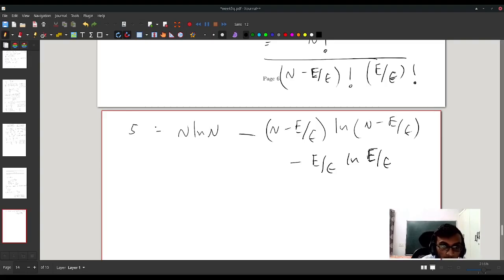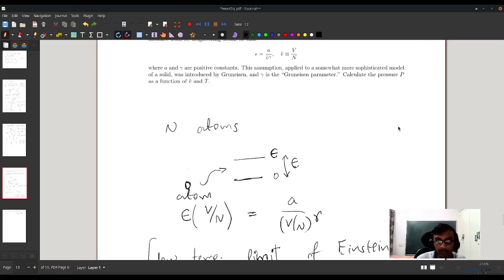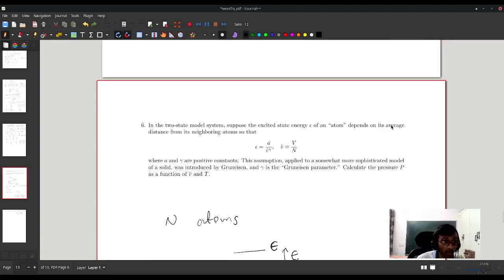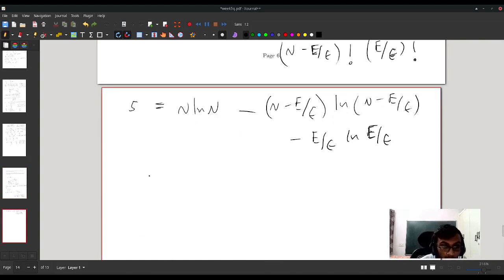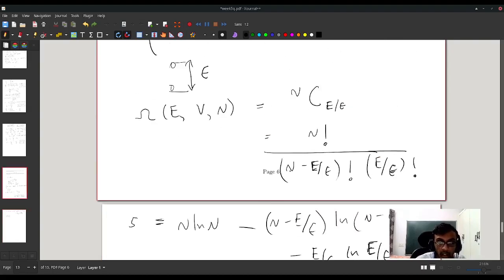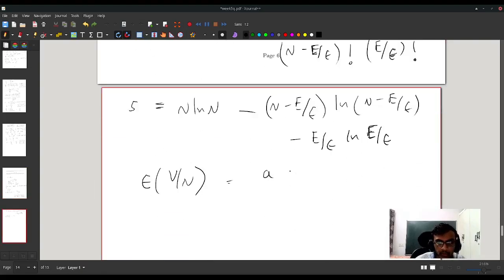What we have differently in this problem compared to just a two-level problem is that this epsilon depends on the density, the volume. So epsilon is a function of V over N, and as we have written, it is A times N to the gamma by V to the gamma.